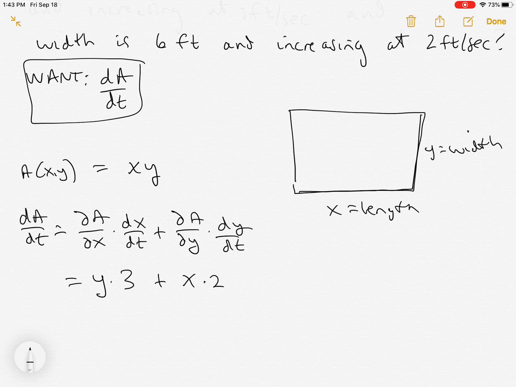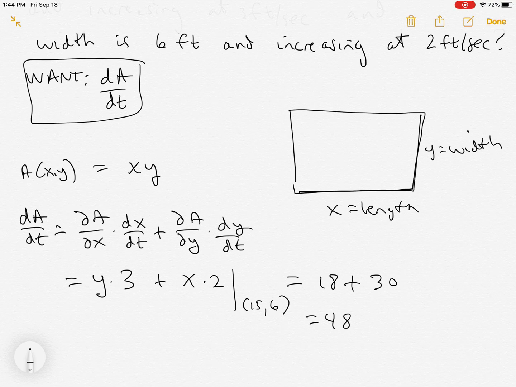We're evaluating this at the point 15, 6, because those are the given, and we get 18 plus 30.